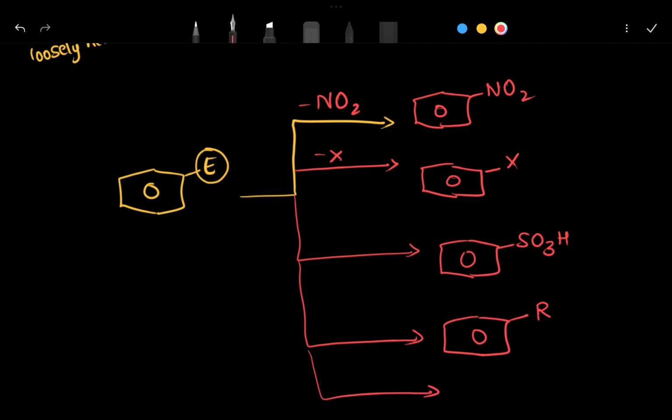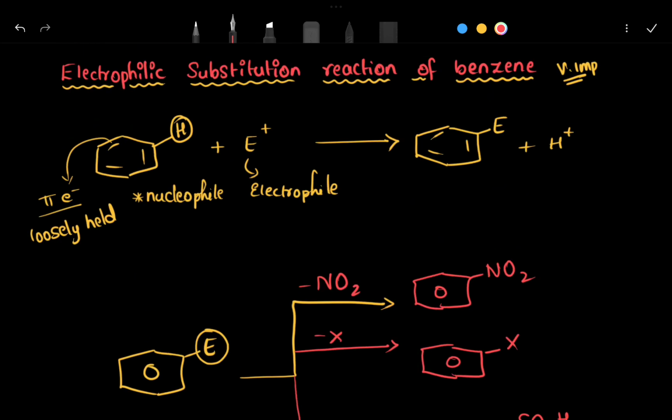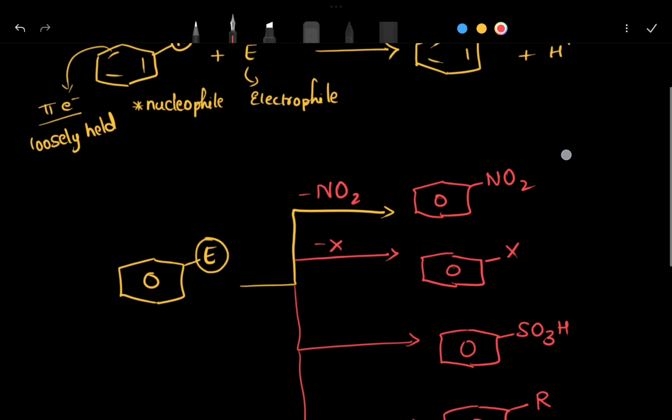If we do acylation, then hydrogen will be replaced by the acyl group. Fine. So basically the mechanism is almost the same. The only difference is in this electrophile based on the reaction. Alright. So this is the general explanation for electrophilic substitution reactions of benzene.